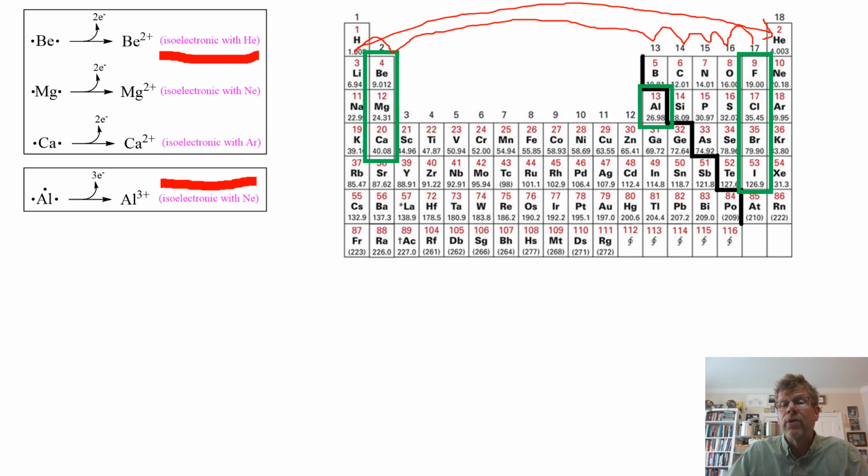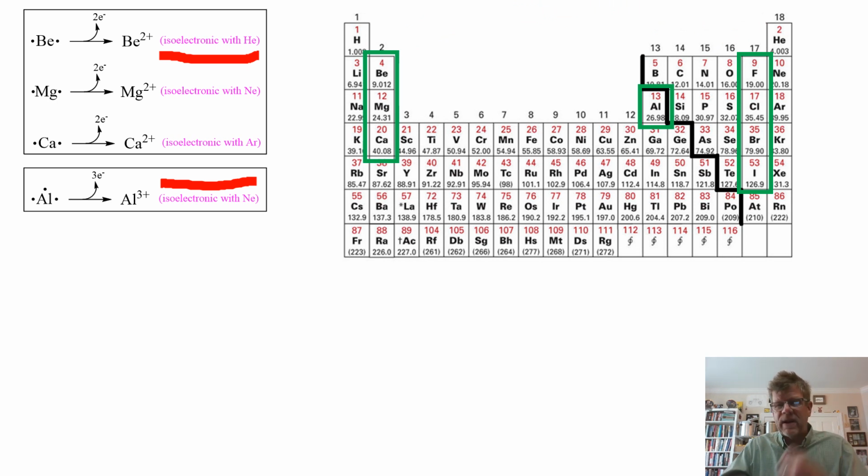Now, the reason that fluorine picks up one electron is because it does not matter which noble gas we become isoelectronic with. In the case of fluorine, and indeed any halogen, if I pick up one electron rather than giving up 7, I am isoelectronic with neon, that noble gas.